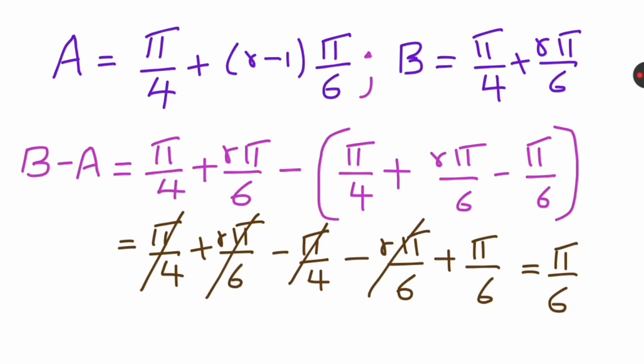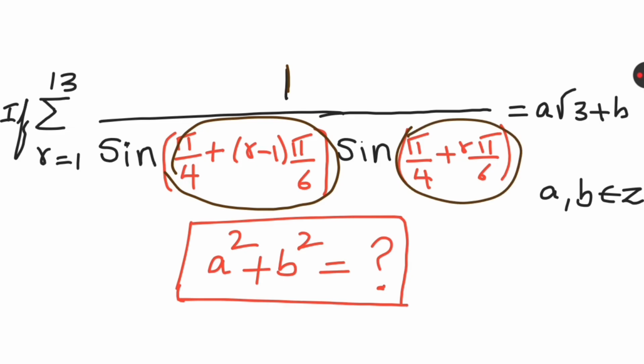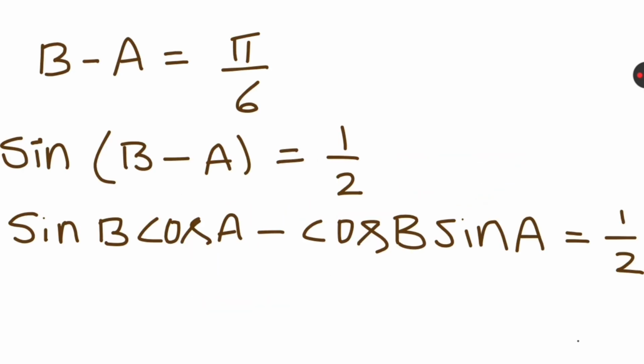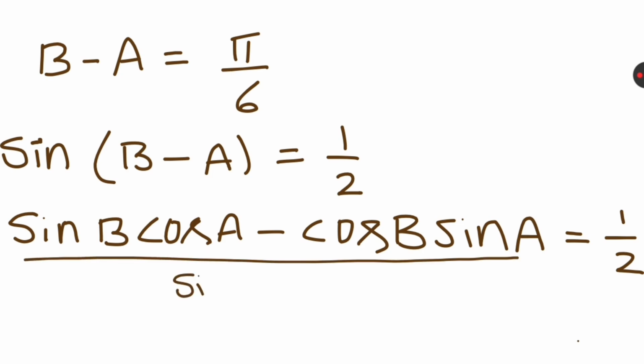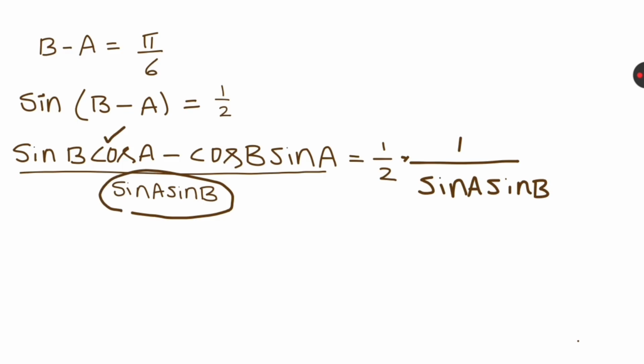But in the given expression, in the denominator we have sine A times sine B, isn't it? We have to convert in terms of that. That's why both sides we have to multiply by sine A sine B. Here this denominator sine A sine B applies for the numerator two terms.